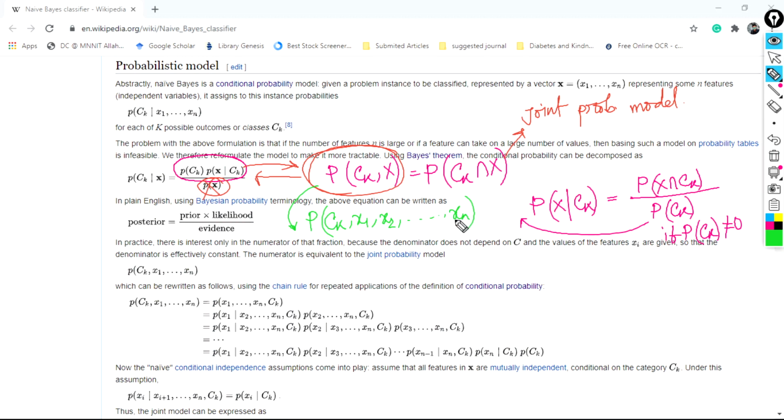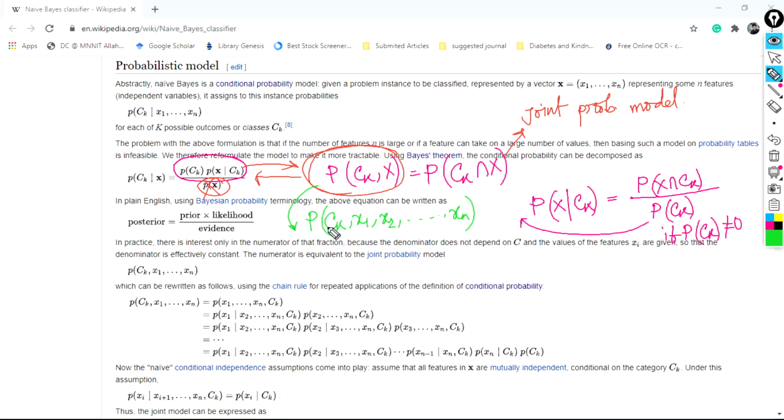Up to this term, you are all clear. Now the main calculations and the main assumption are happening here. If we calculate this term, then our work is done, and we have nothing else to do. So now the main matter is how to calculate this one.